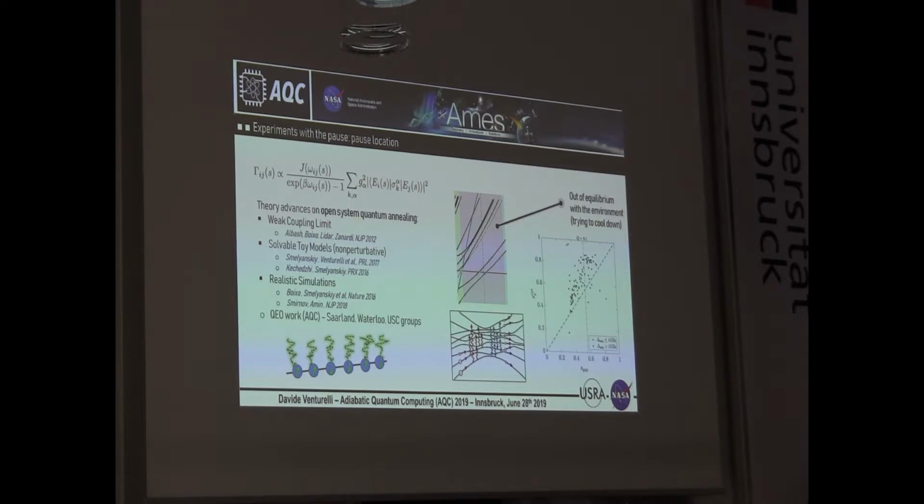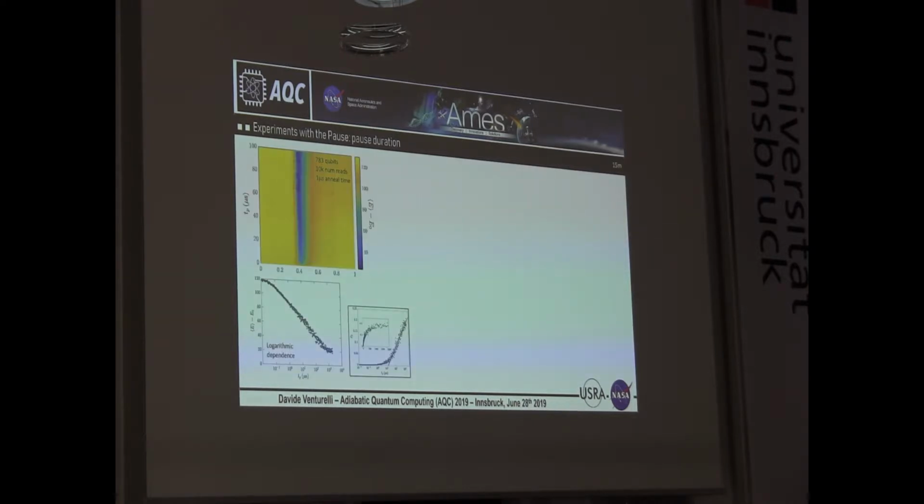So, okay, those are examples of plots that we obtained. This is for an instance of 700 qubits, so we don't have the spectrum of this instance, but we planted the solution, so we know the classical ground state.